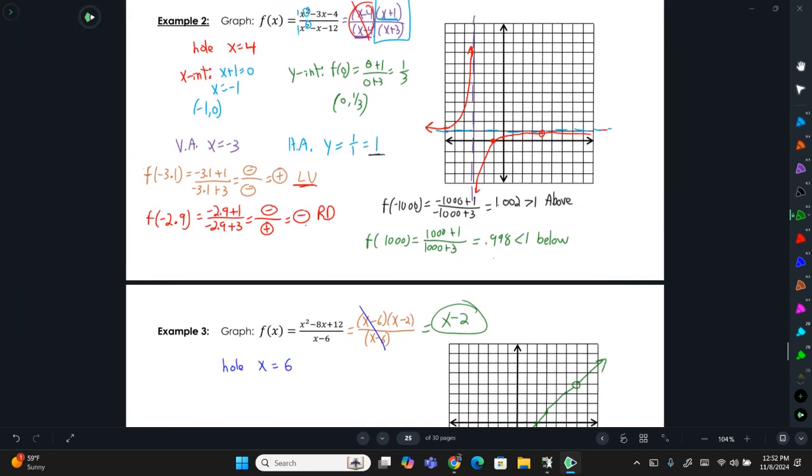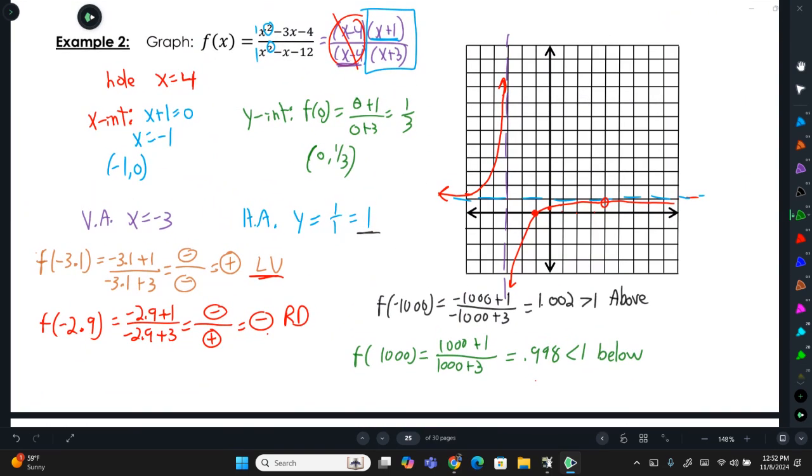So here, when we canceled, we still had a rational function. That's why we couldn't do what we just did in example number 3. In example number 1, we had that oblique asymptote that we got by long division, and then we compared our end behavior to that asymptote evaluated at negative 1,000 and positive 1,000.